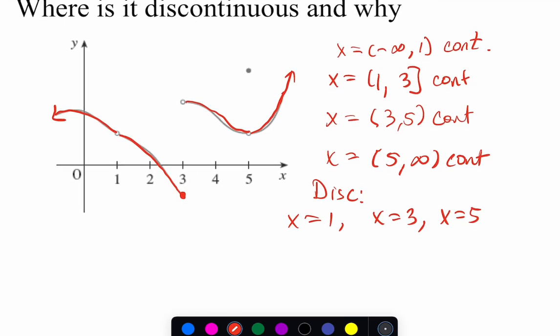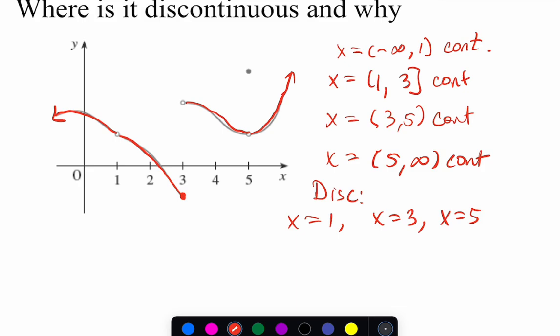And then let's talk about why. What is wrong when x equals 1? There's a hole in the graph. Technically, mathematically, if we're talking more precisely for calculus compared to a pre-calc class, we would say that f of a does not exist.